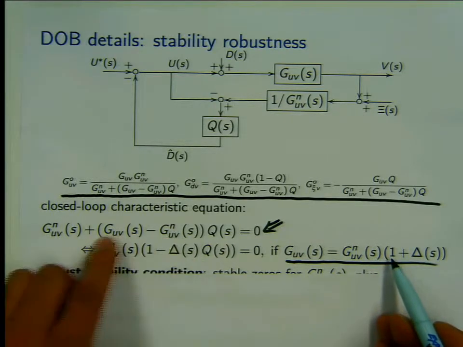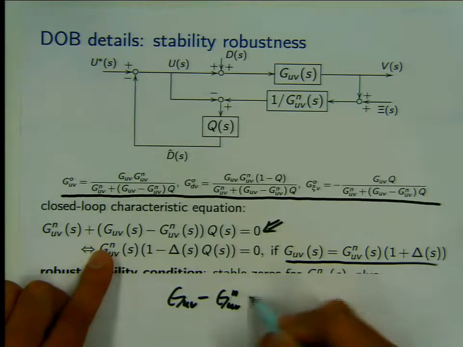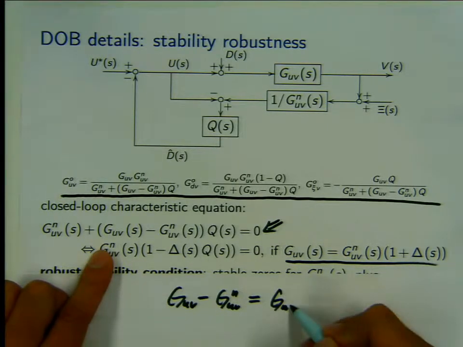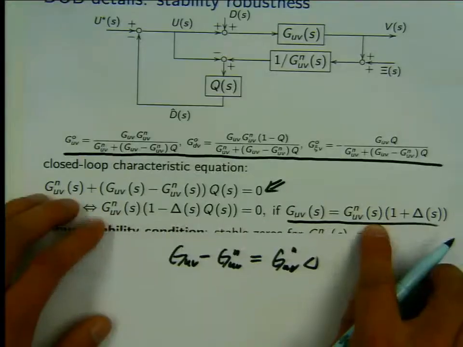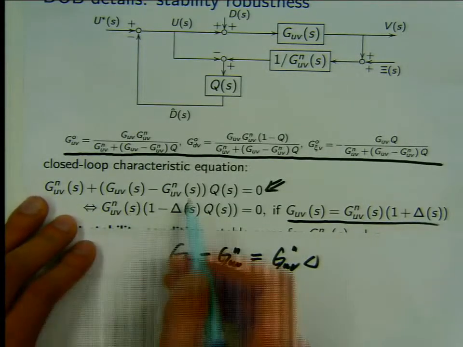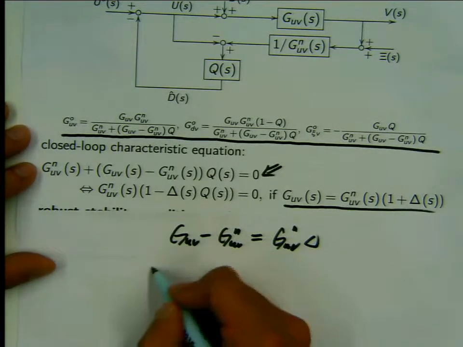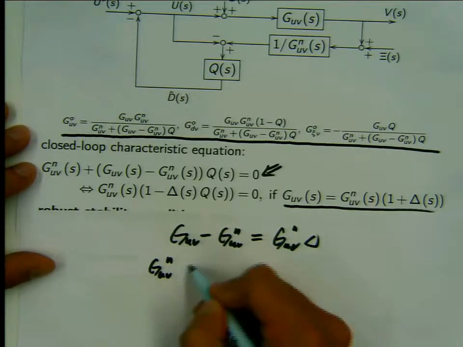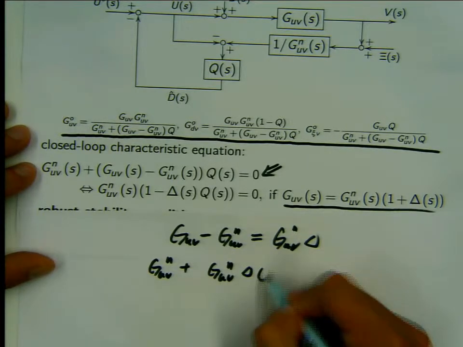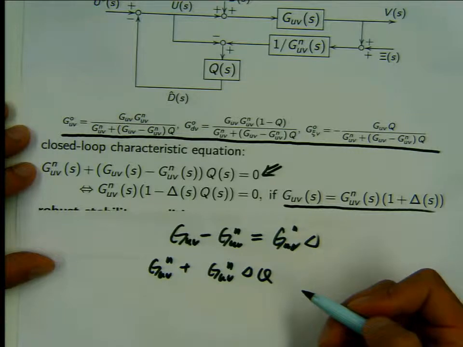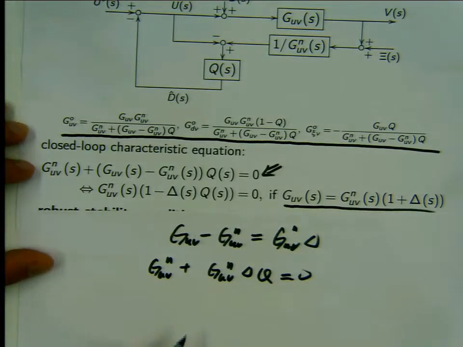And then what's remaining, GUV minus GUV nominal, is going to be equal to GUV nominal times delta from here. So that's equivalent to saying this characteristic equation is going to be GUVN plus GUVN delta times Q equal to 0.